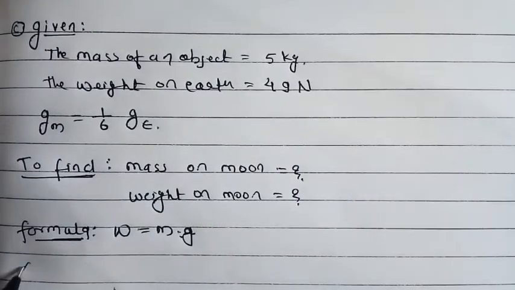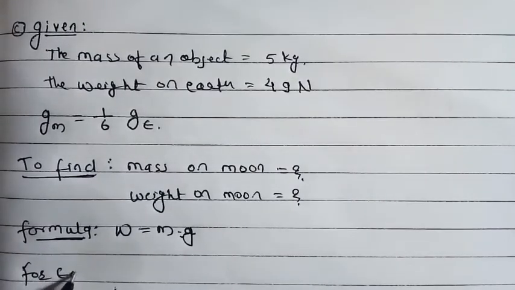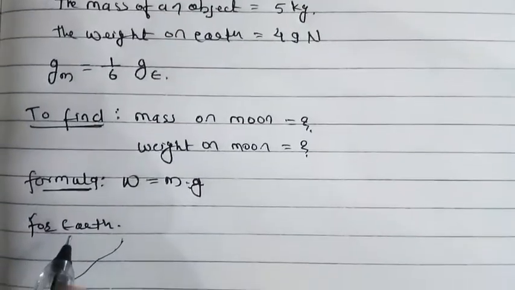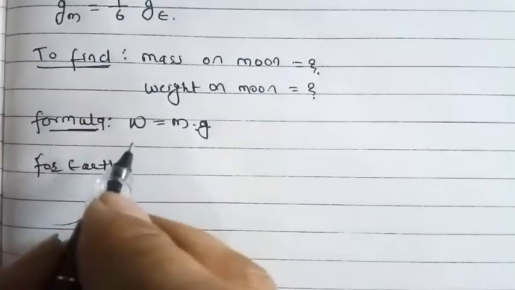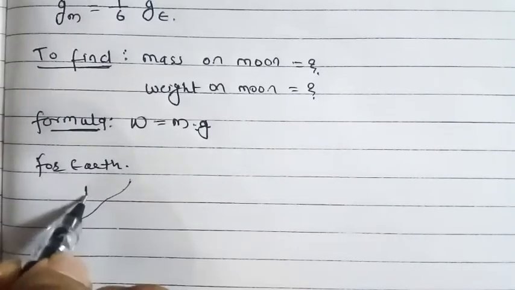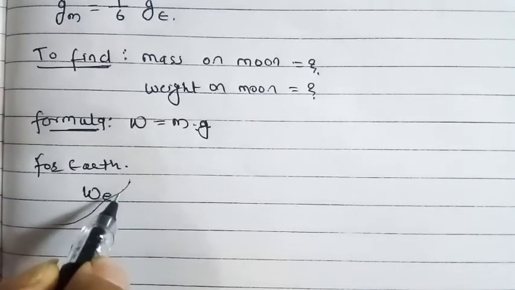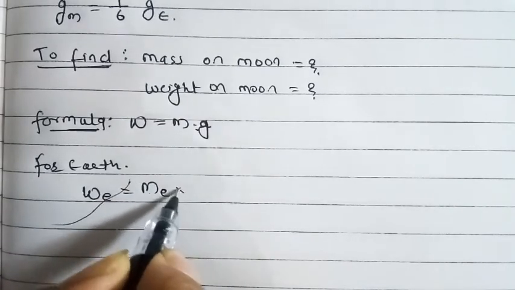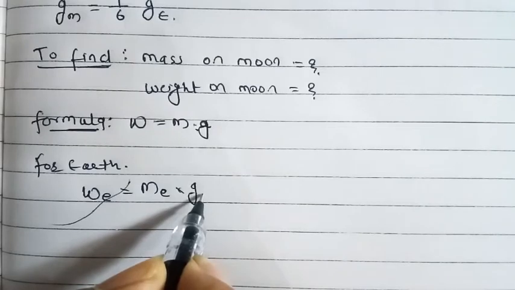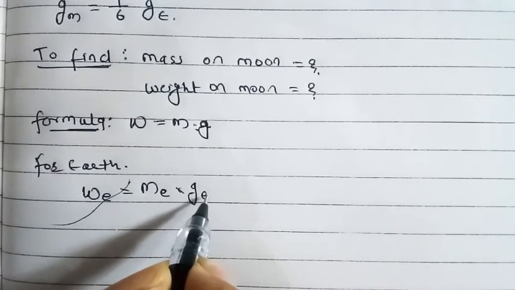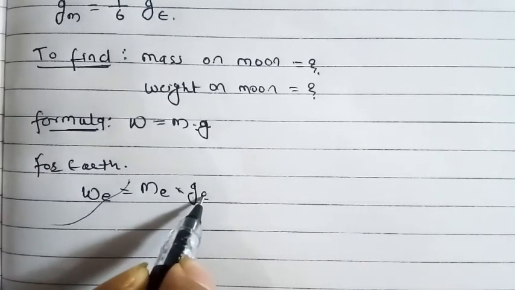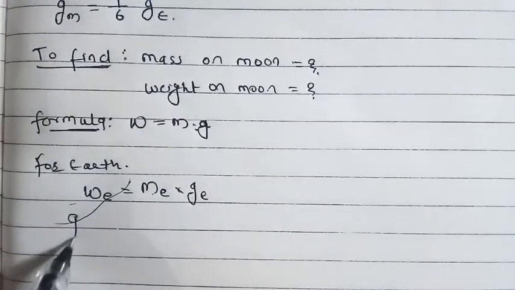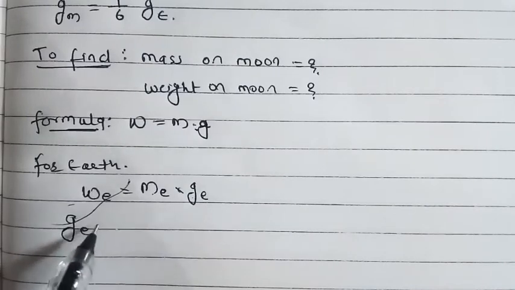So for earth, weight on earth equals mass on earth into g of earth. We have to find g of earth, so we transfer this to the other side.